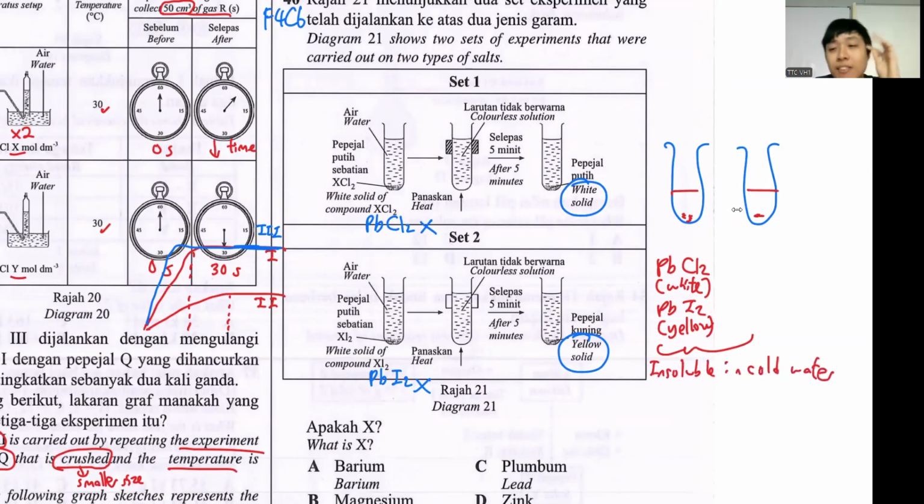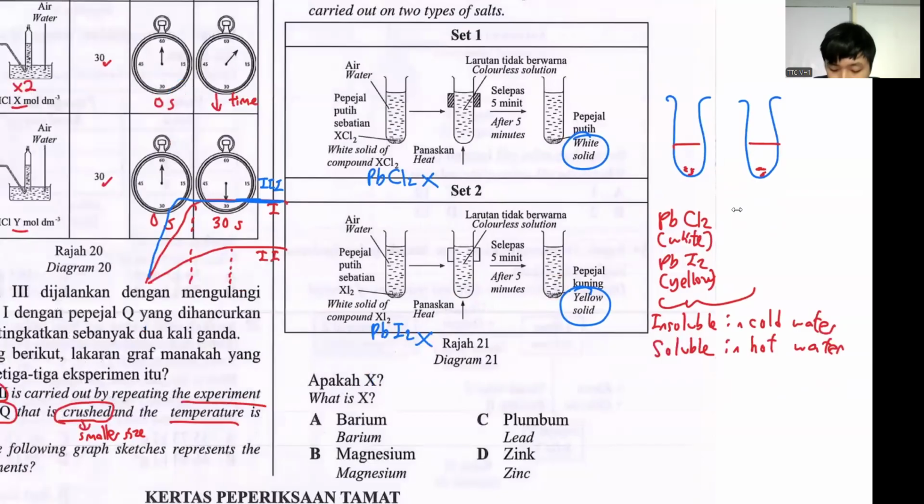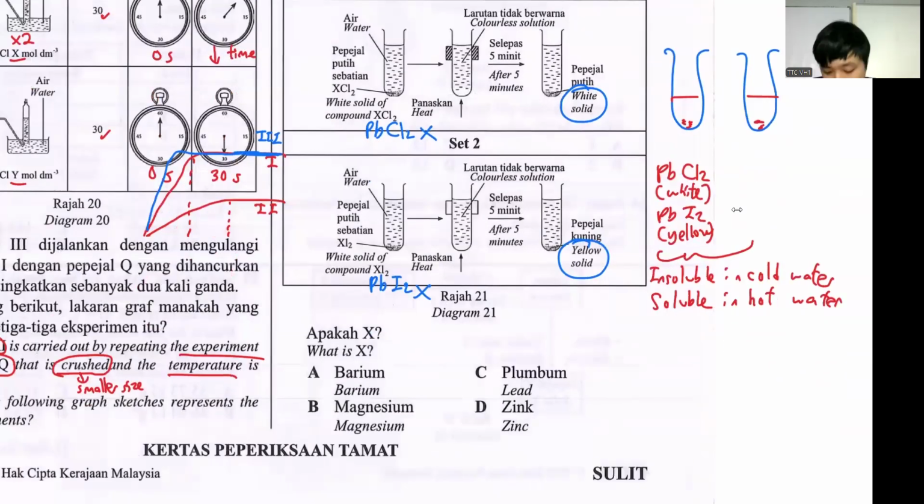But if you heat, the precipitate disappears, because it is actually soluble in hot water. After you cool down, the precipitate will come back again. This only applies to Pb, the lead(II) ion. So the answer for X is C, lead.